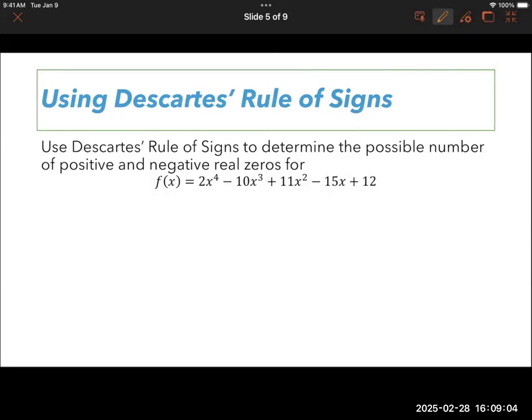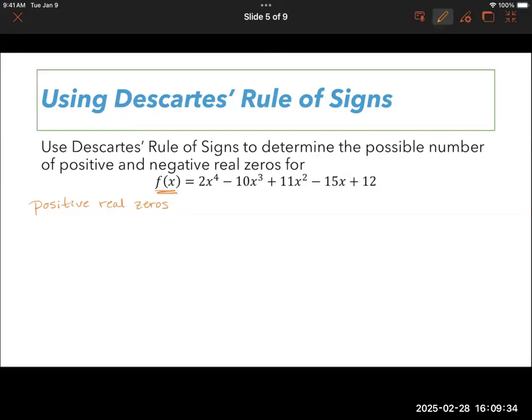So for positive real zeros, we are going to use this original f of x. Make sure that your polynomial is written with exponents in descending order. Then as you read from left to right, if you see a sign change, you count it.